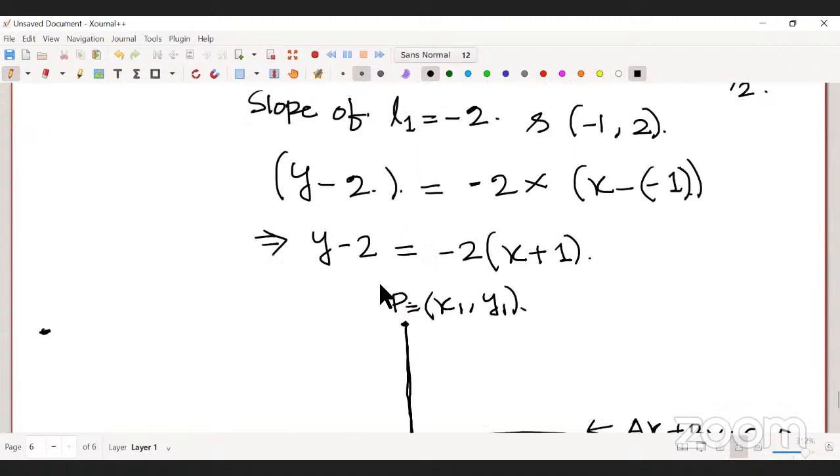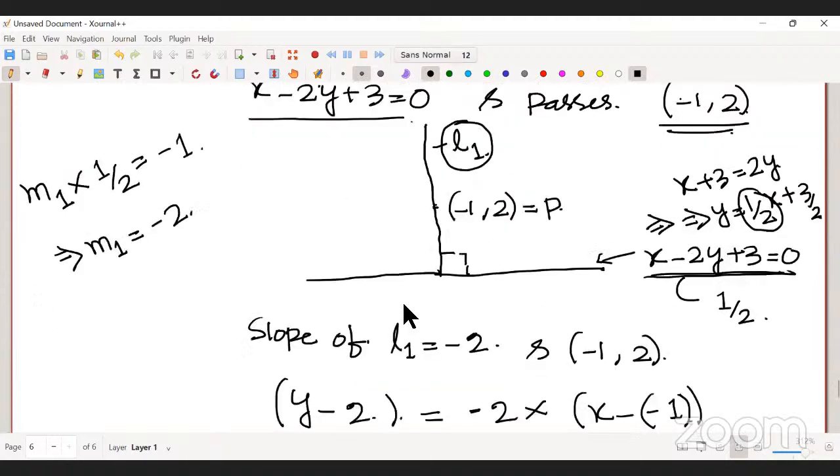Okay, so if I apply this formula, suppose I want to compute the distance between this point P, minus 1 comma 2, and this line x minus 2y plus 3.